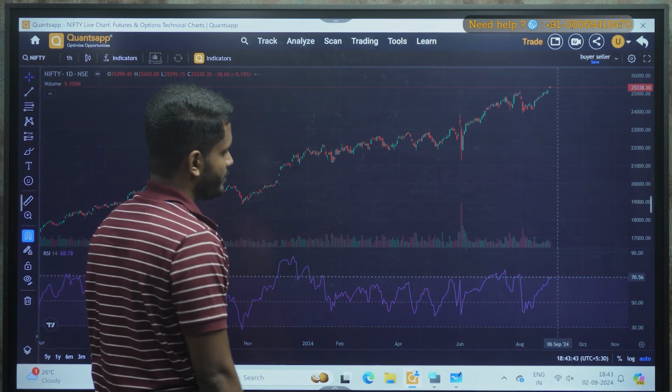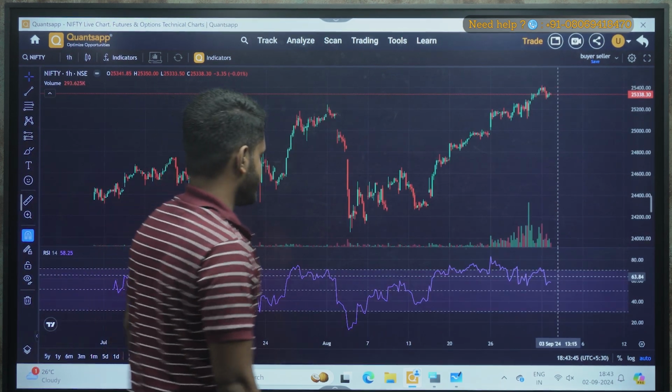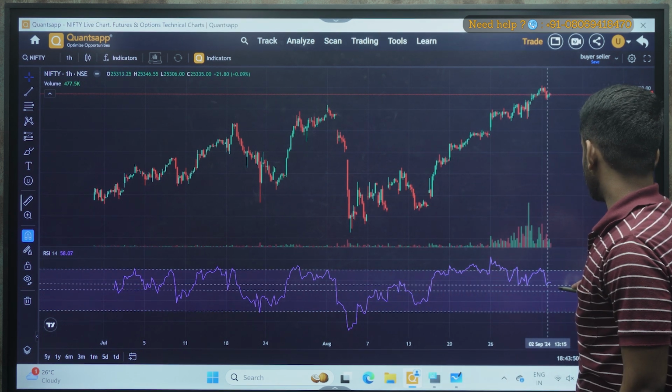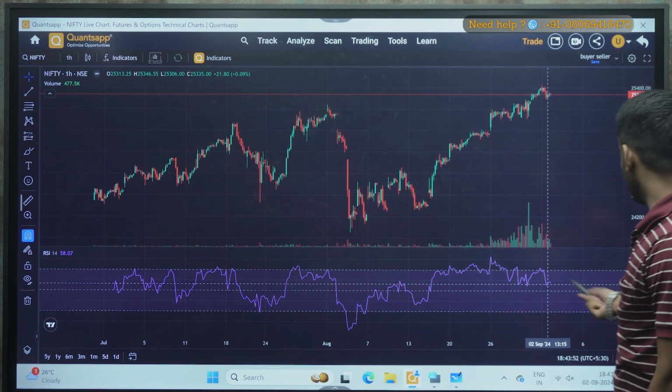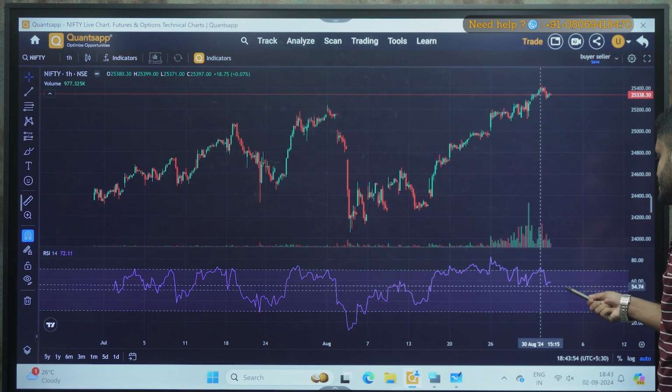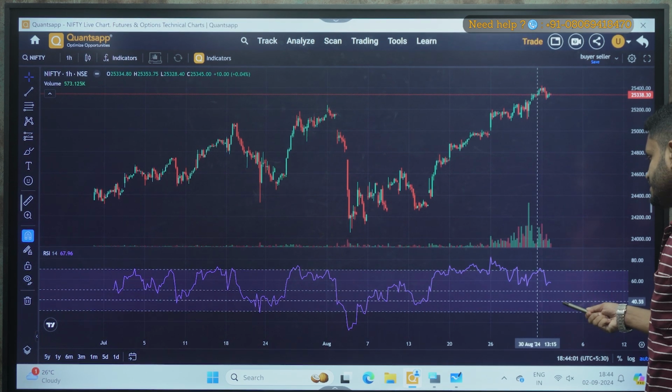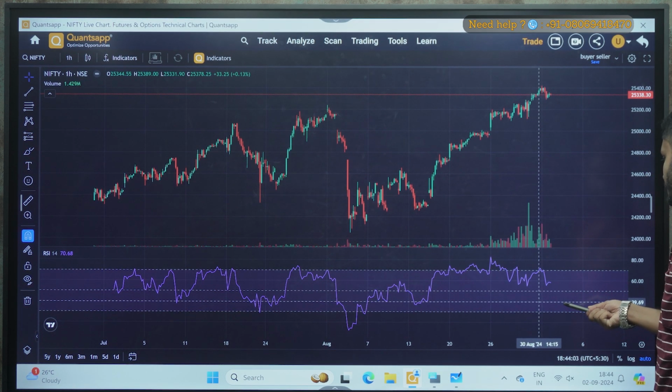As per the 1 hour time frame, RSI is taking support. If RSI goes below 55, 56, because RSI is again and again taking support at 55 odd levels on the 1 hour time frame, then if RSI breaks this, we can easily expect it to come till 40 levels, correct?